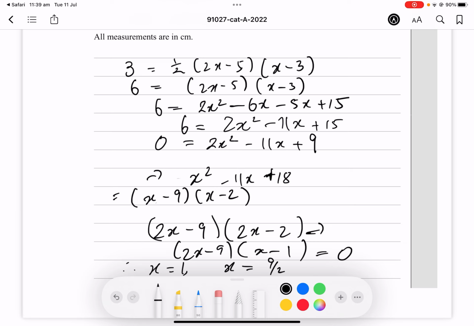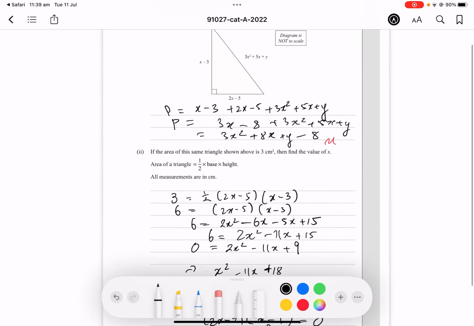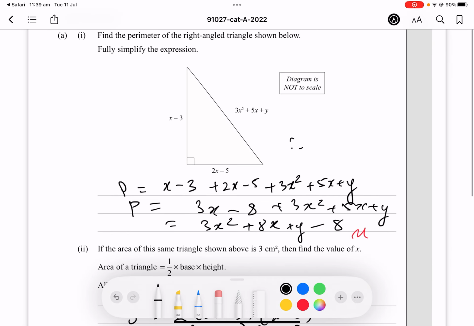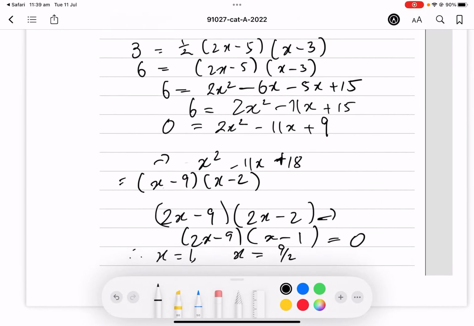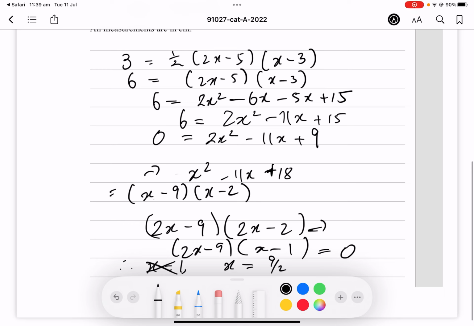And like for NCEA, you should always plug your numbers back into the original equation to see if it makes sense. So let's try x equals 1. If x equals 1, then this side is negative 2, and this side is negative 3. Clearly, that doesn't make sense, so I'm going to eliminate that solution since the side lengths are negative, and side lengths should not be negative.